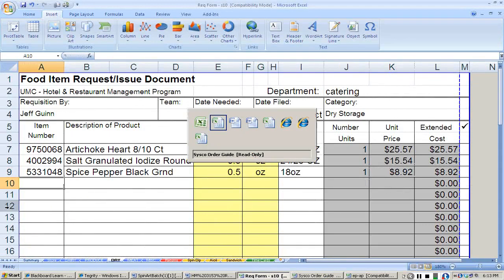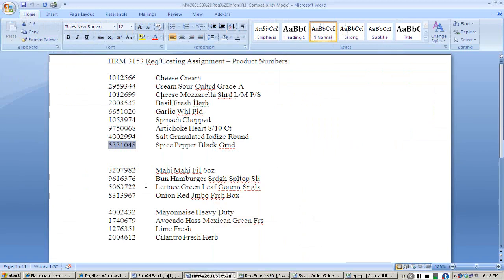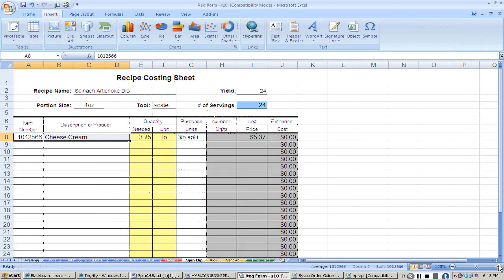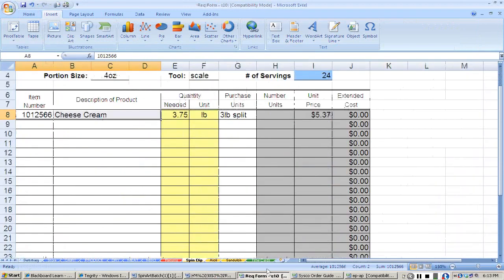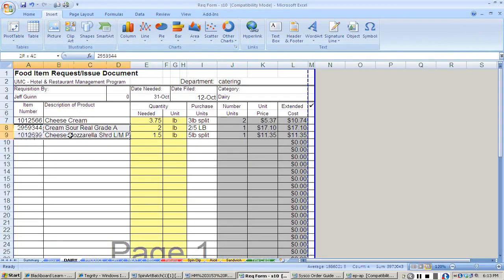Alright, so we have everything requisitioned for our spinach dip. So now we're going to go back into the spinach dip recipe that we had started. We're going to go ahead and finish getting these dairy products.